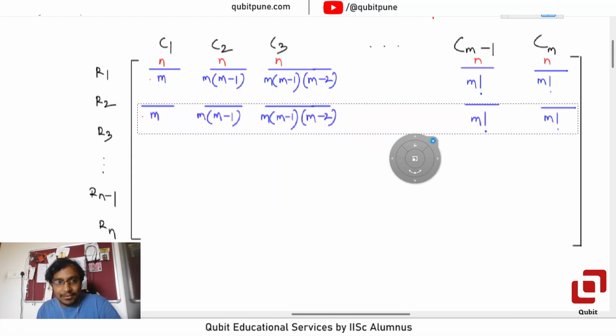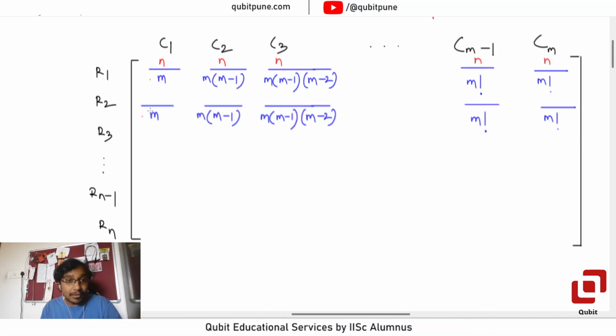Okay, so this would be for R2: n into n minus 1, n into n minus 1, second derivative everywhere, n into n minus 1 and so on. Correct? Okay, maybe I should skip for R3 because we have now got the pattern.